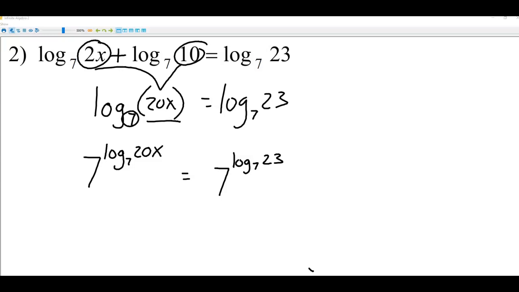After I do that, Jessica, what would be left on this side? 20x, yeah. And how about on the other side? So basically these things go away. And then from there we're just going to divide.